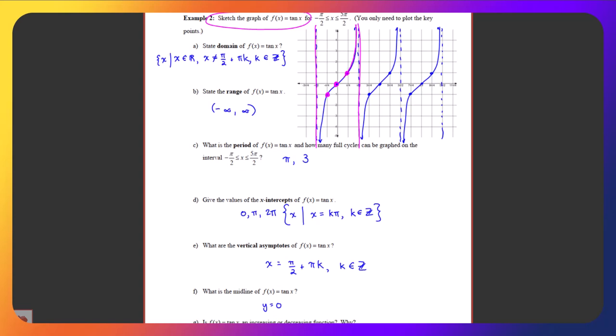And here's our parent graph. And it just keeps going the same way, middle, 1, negative 1. So we still have 5 things, 3 points and 2 asymptotes. Just like for sine and cosine, we have 5 bits of information.